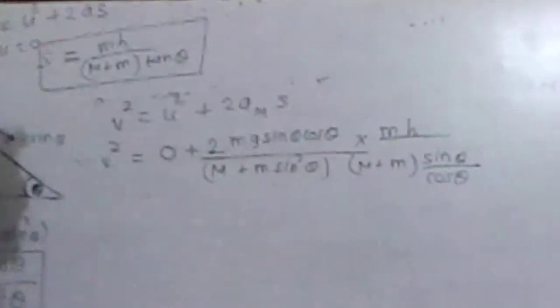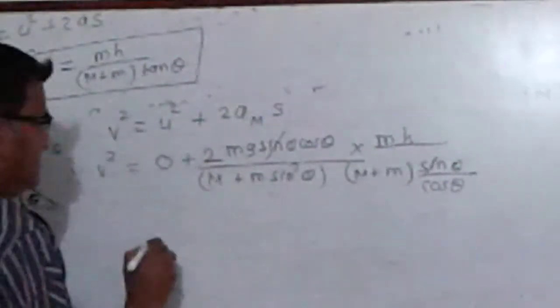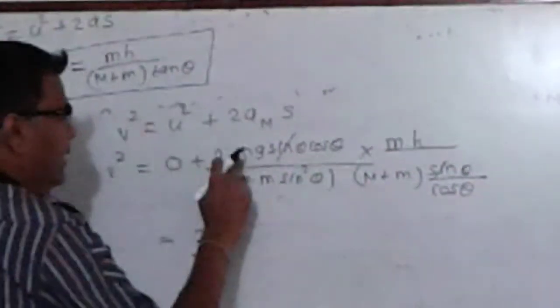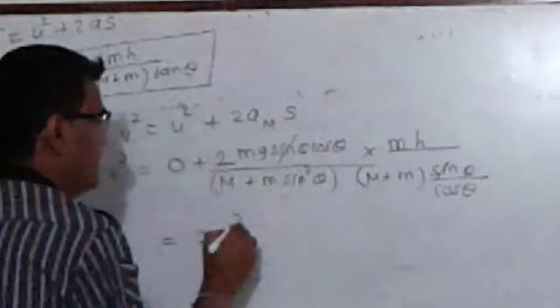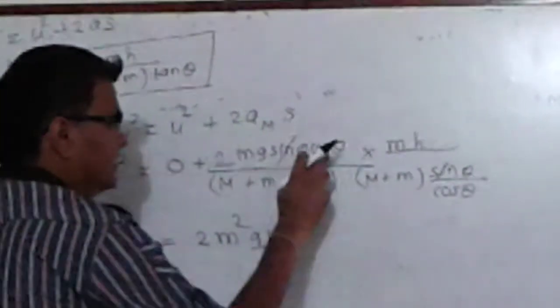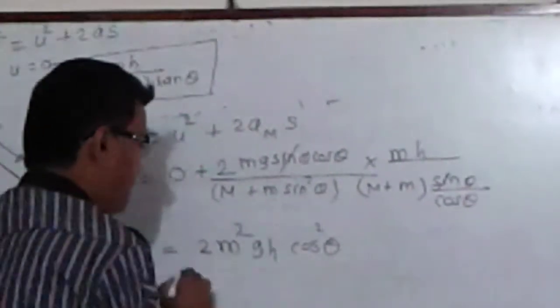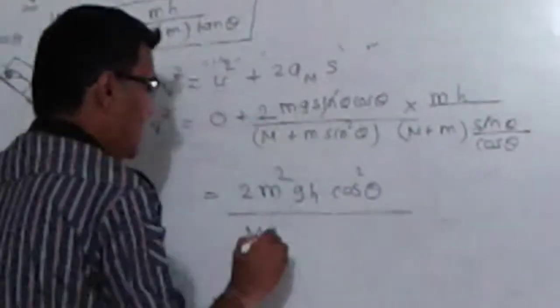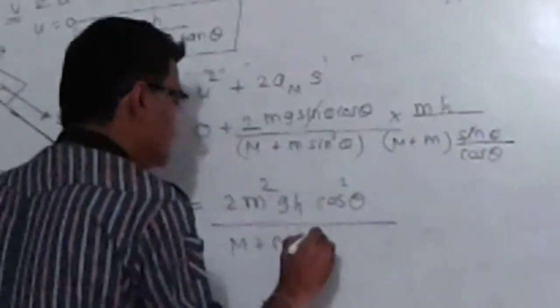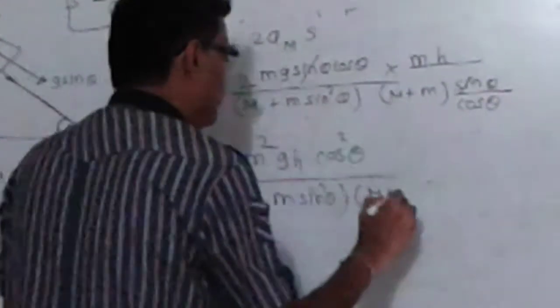Now see what will cancel here. Sin term will cancel, cos term will go up, and I will get 2 m into m is m square g h. One cos theta is here, one more cos theta goes up, becomes cos square theta upon m plus small m into sin square theta into capital M plus small m.